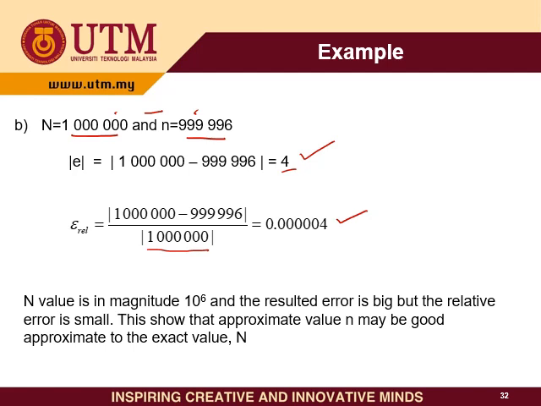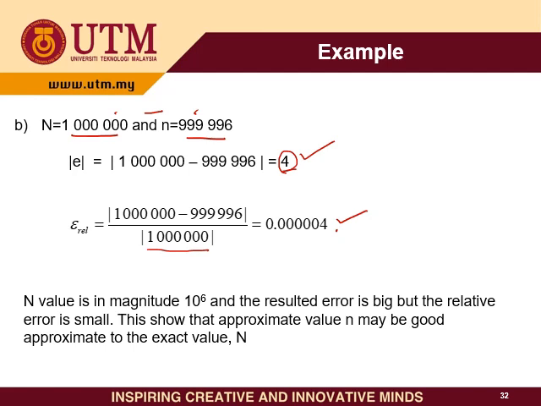So we can see the value n here is of magnitude 10 to the power of 6, and the resultant error is big. This one is considered big because it is just a big number, right? There's no decimal there. But the relative error is small. Look at our relative error, 0.000004. So it's very small.